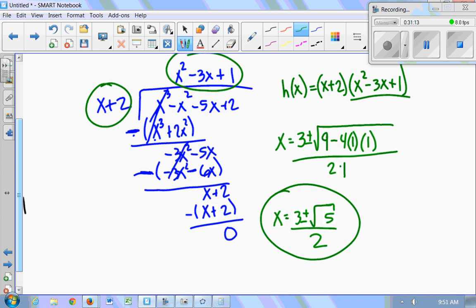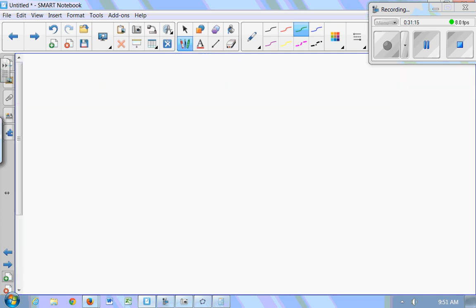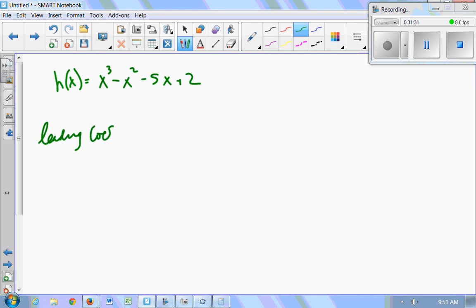All right, so let's look at the rest of the question. So for 1c, it asks for the leading coefficient. So I'll just write this down again. One, right? The coefficient on the leading term, x cubed, is a 1.